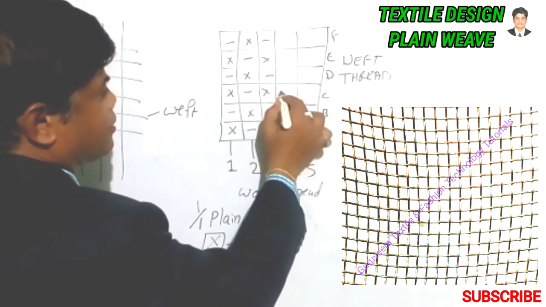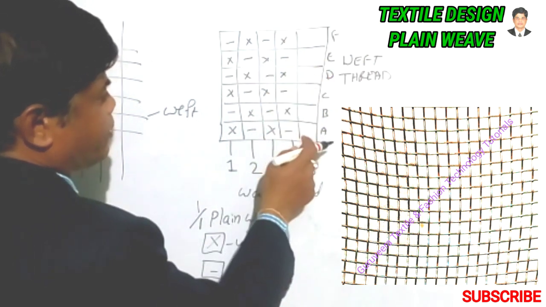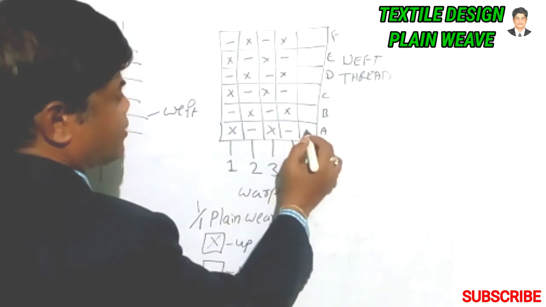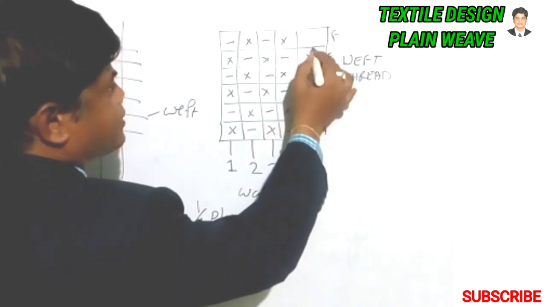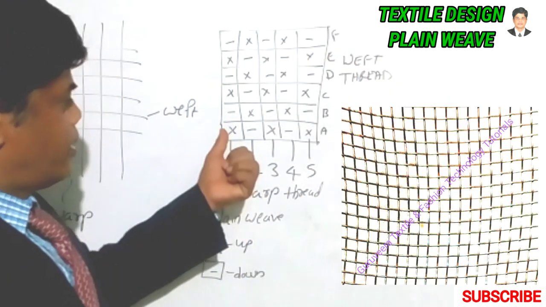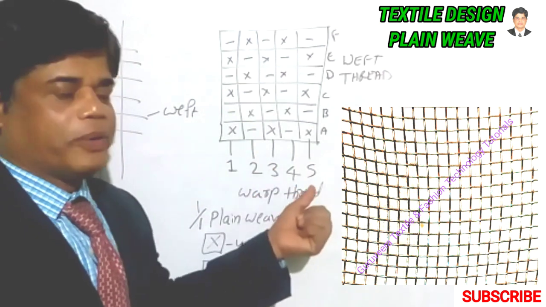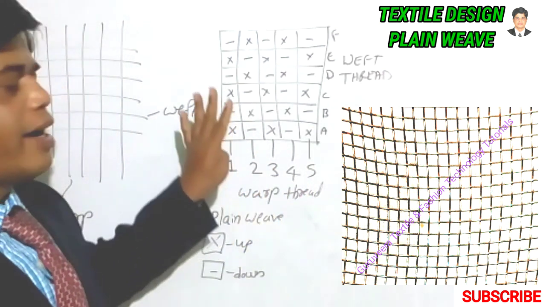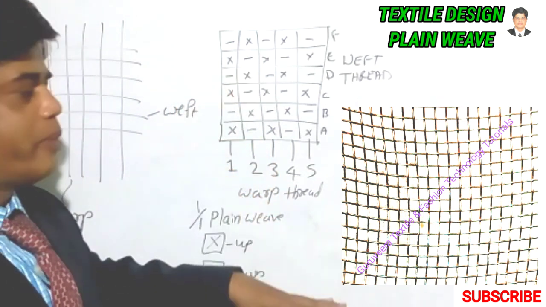Correct? Now the fifth is a repetition of the first and third, like this. See, threads number 1, 3, 5, that is the odd numbers, are moving up, going down, moving up and going down.